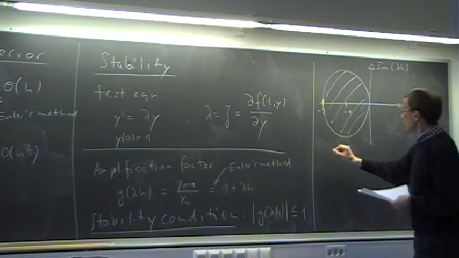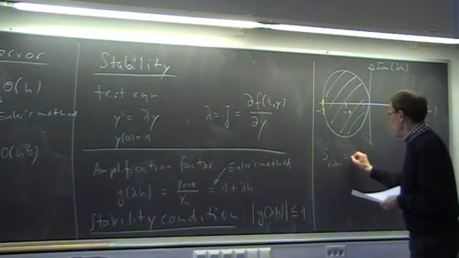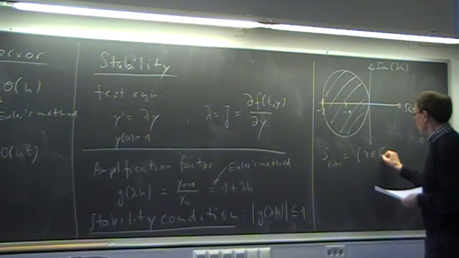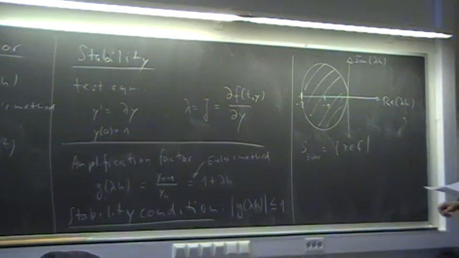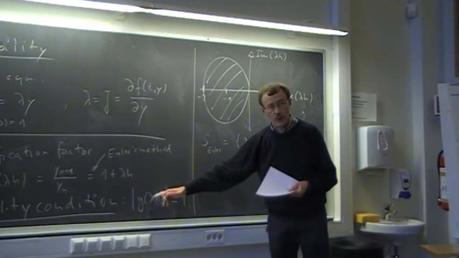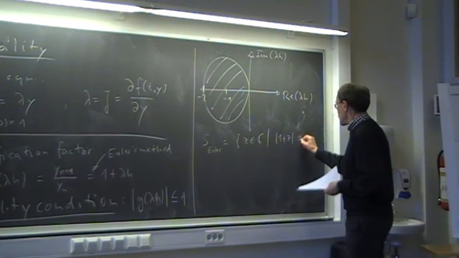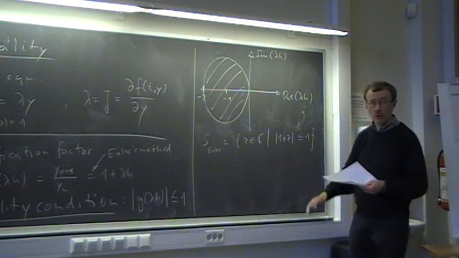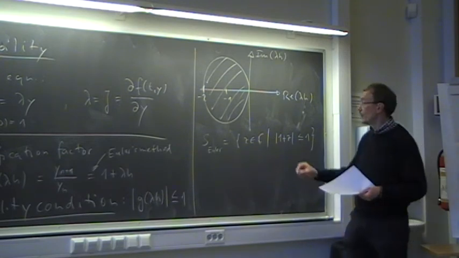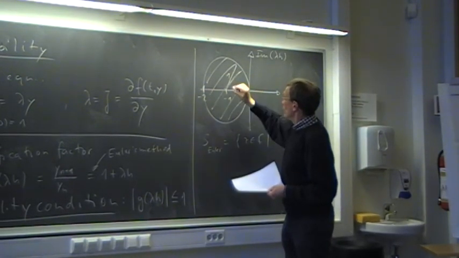This is the stability domain of Euler's method: the set of all complex numbers for which this condition holds. So z is now lambda h, which means the absolute value of 1 plus z is smaller or equal to 1. That is a circle around -1 with radius 1.